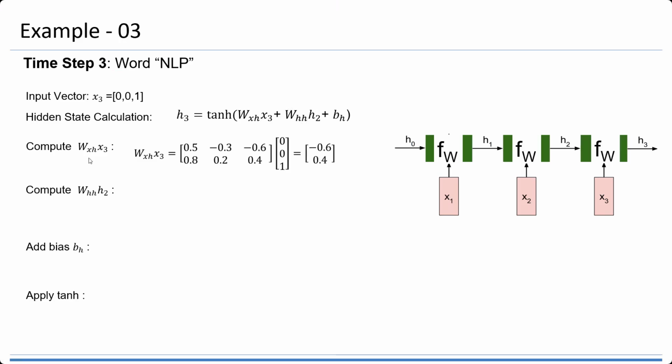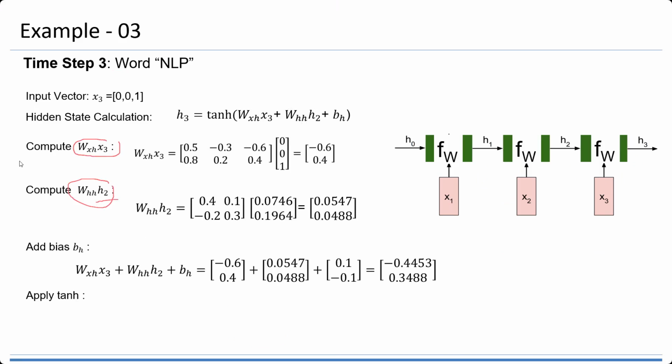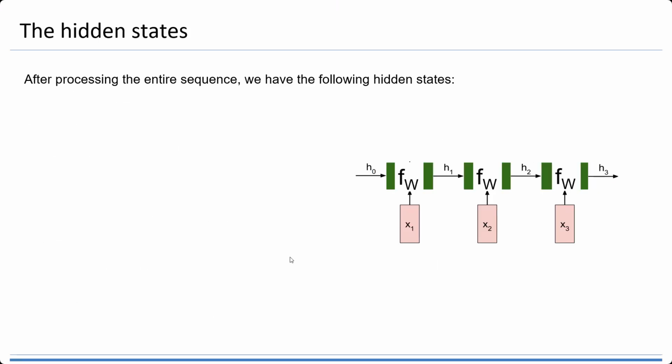So this is W multiplied by x, and this is W multiplied by h, and we can add the bias. After all, we apply the tanh function. Then we got this value. And we got h1, h2, h3.